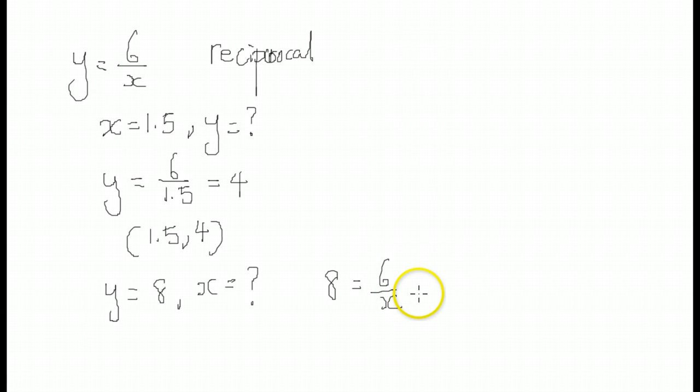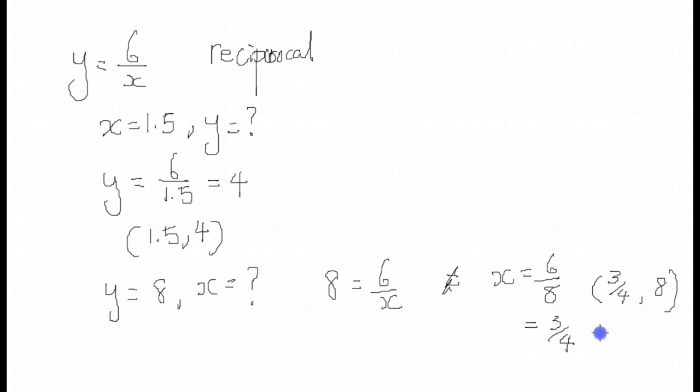Multiplying by x, and then bringing x over to the top and 8 down, we simply get x equals 6 over 8, which would be 3/4, and thus the coordinate would be (3/4, 8), or (0.75, 8).